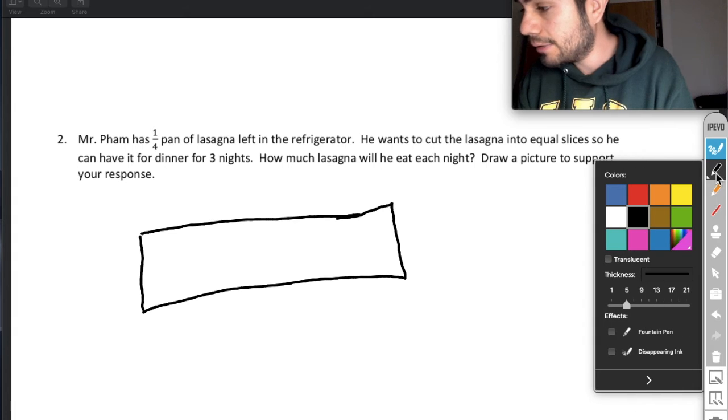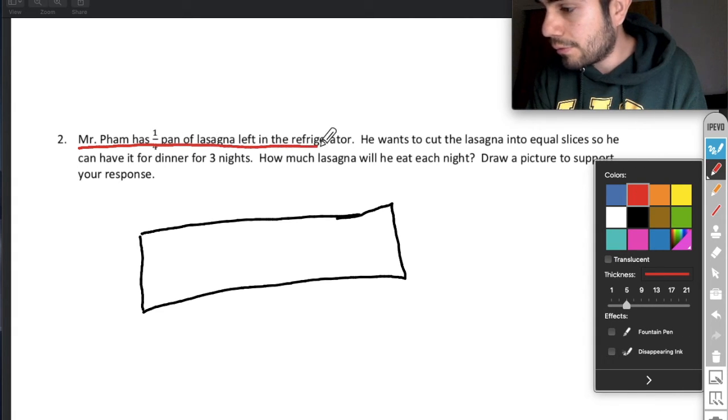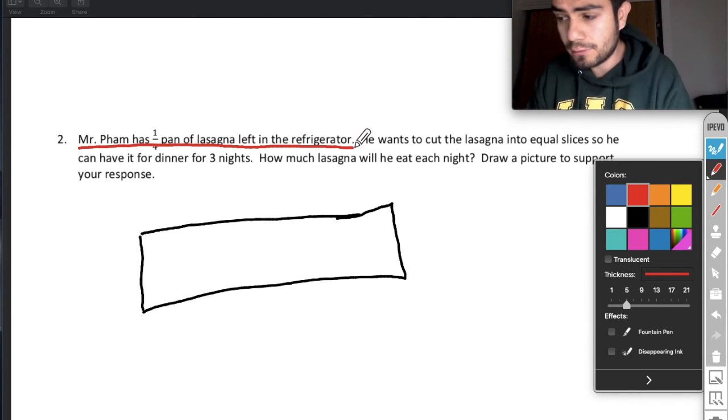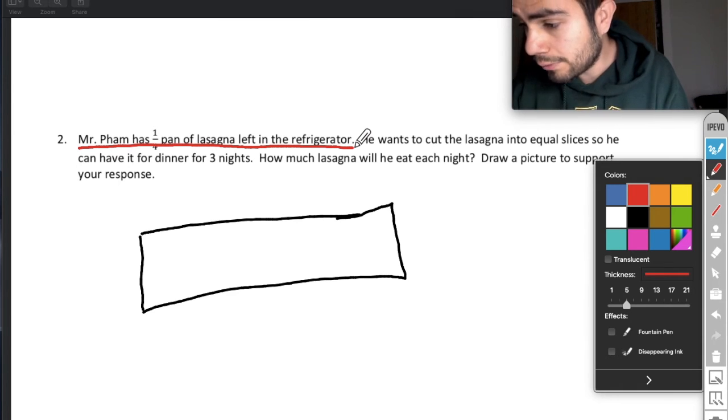Now in this problem we have that Mr. Pham has 1/4 pan of the lasagna. So if you imagine that this thing, this square, this area model, this tape diagram is your lasagna, how much of it does Mr. Pham have? Well, he has 1/4, so you're going to cut this into fourths.